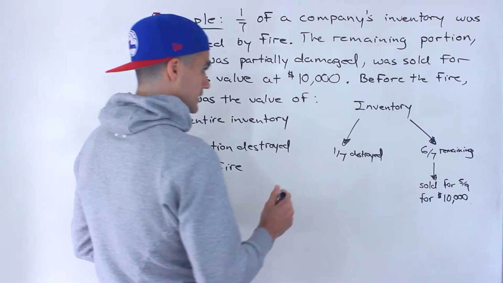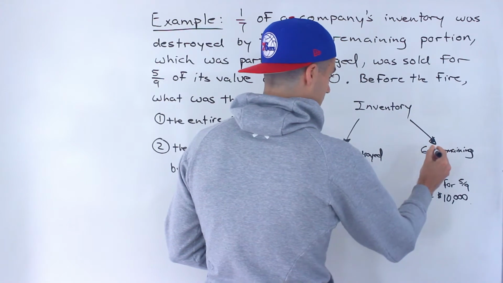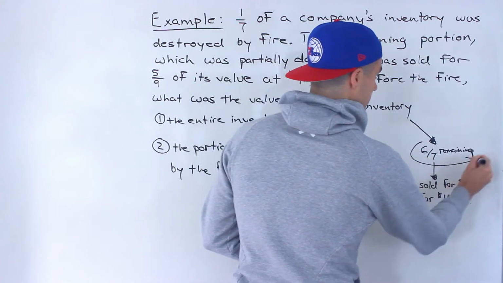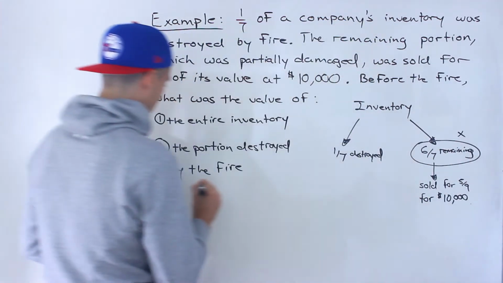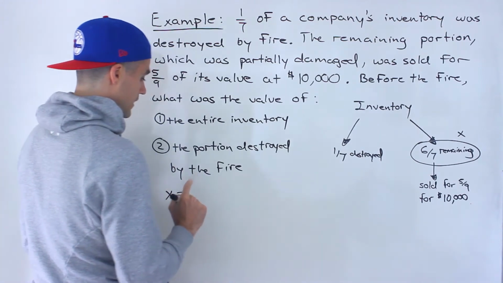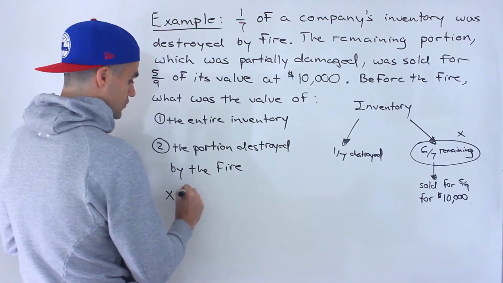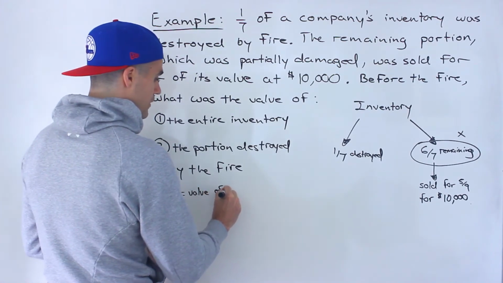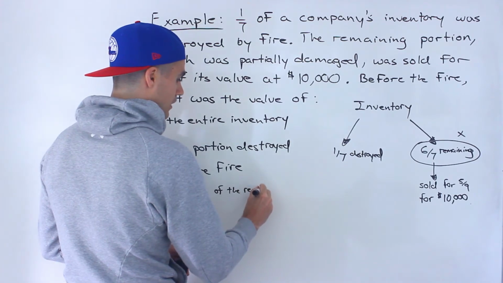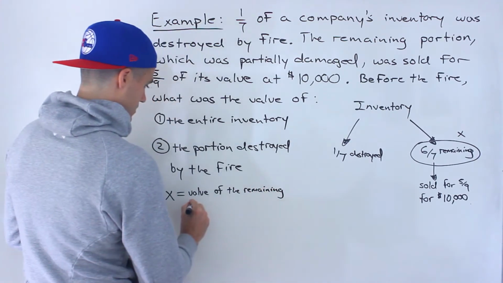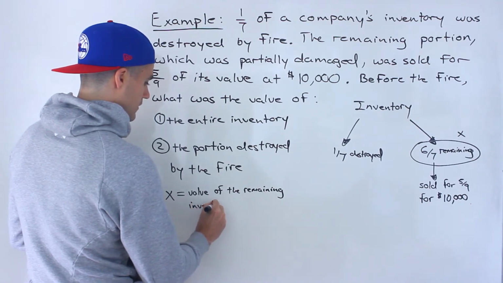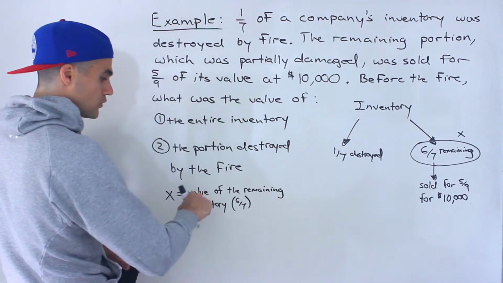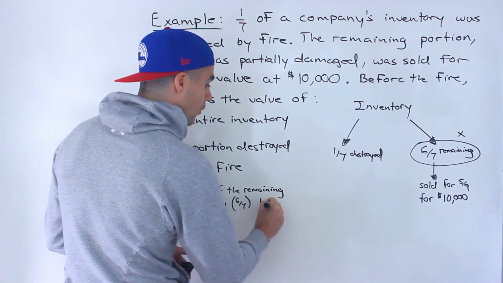Okay, so let's introduce a variable here. I'm going to let this portion be x. To be more specific, x is equal to the value of the remaining inventory, the 6/7 portion, the value of the remaining inventory before the fire.